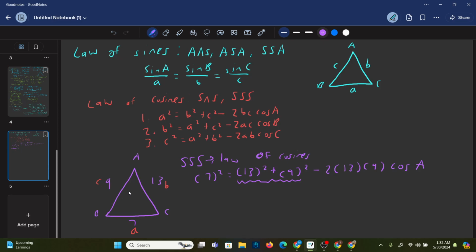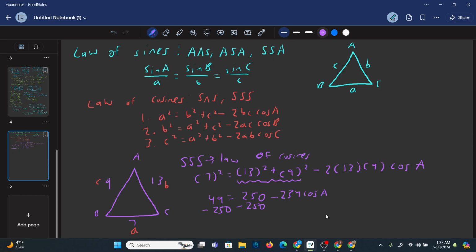So if we simplify, we get 49 equals 250 minus 234 cos A. We subtract 250 from both sides, but we don't subtract this because this is multiplied with cos A. We need to divide this.